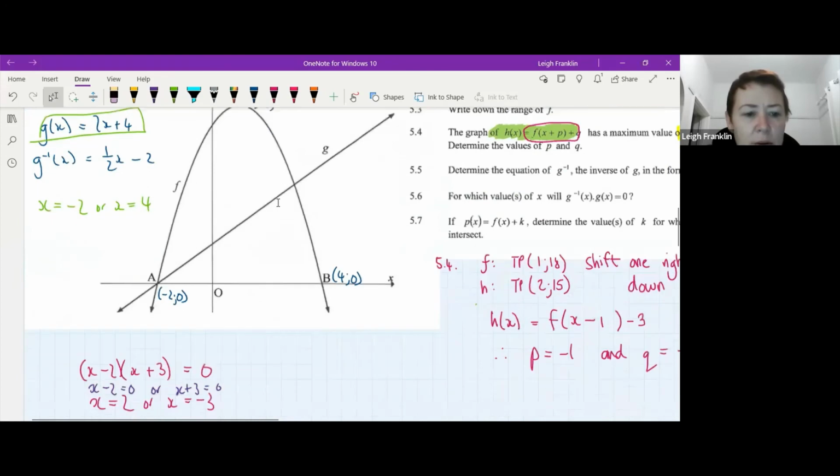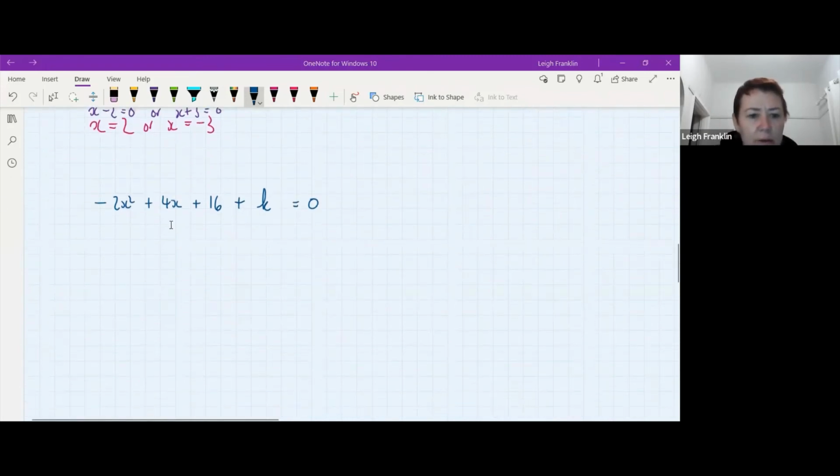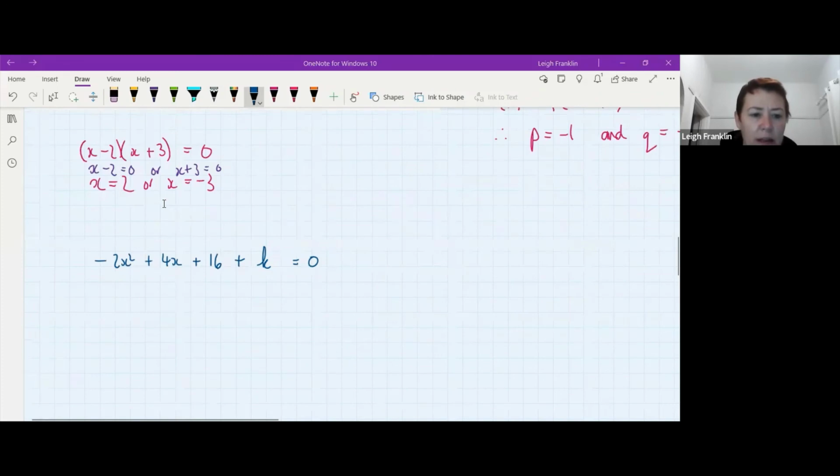Oh, plus 16. That would have been a bit of a disaster, we'd written down the wrong thing. Plus 16, and k is added to that. Okay, Pumeza, we'll have a look at your answer now. So they've added k onto that.